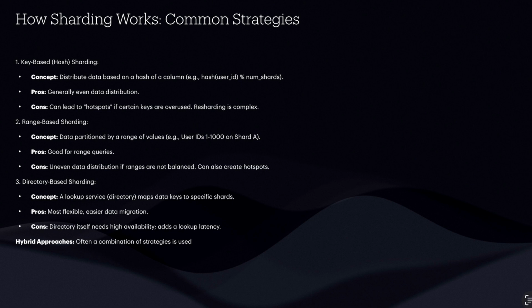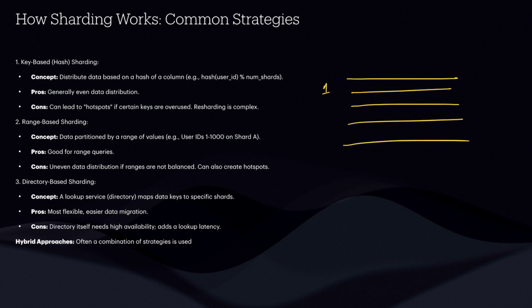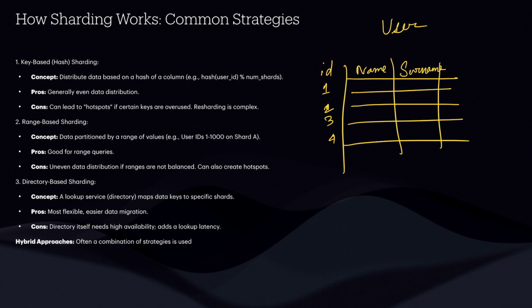Just recapping the previous slide, we have a lot of rows, and I have ID1, ID2, ID3, ID4, and then let's say a user table which has a name, with John, Bob, Alice, Mary.